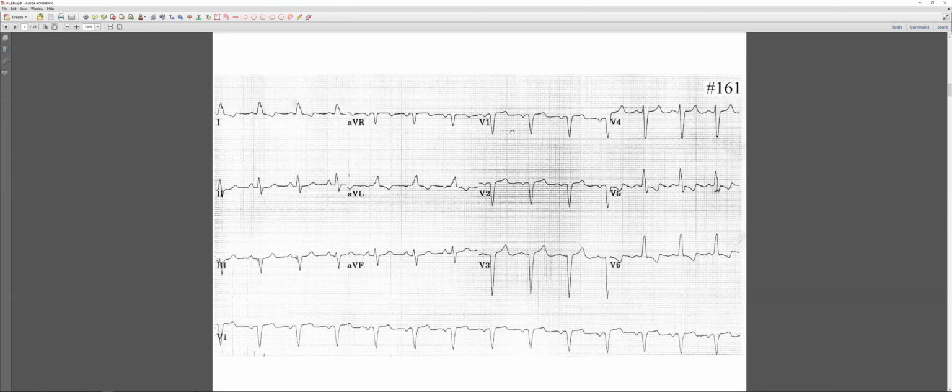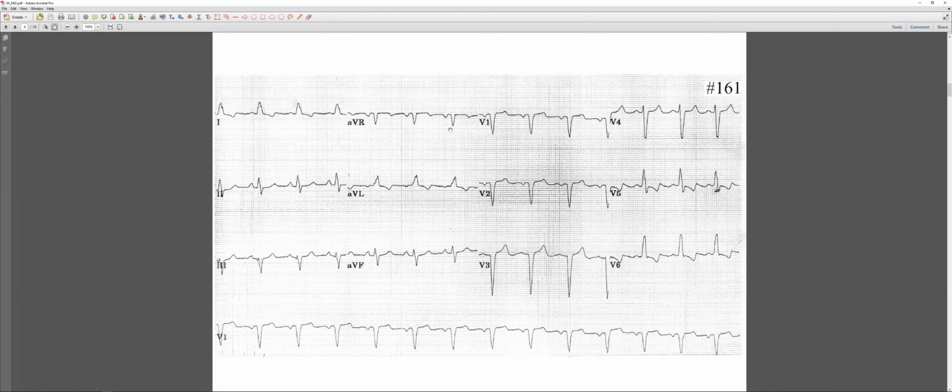Only V1 can show whether, whatever you see in lead number 2, for example the notching, there is left atrial hypertrophy, by seeing whether the second part is very deep. For left atrial hypertrophy, you should have the wide P wave together with the notching. Okay, so apart from that, I think the P wave is normal.